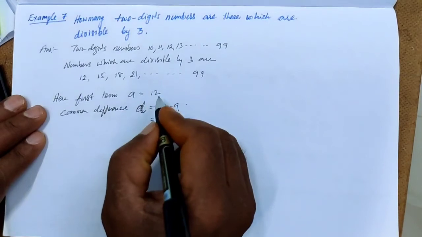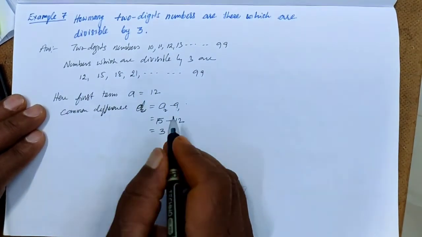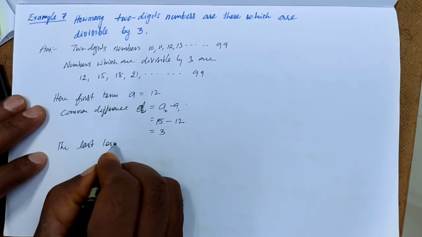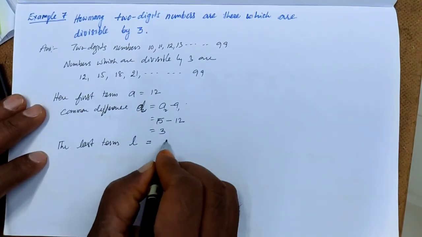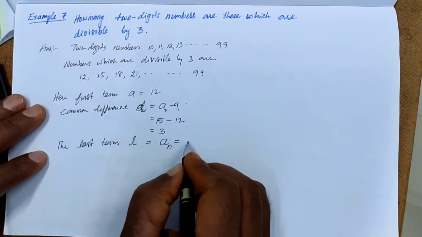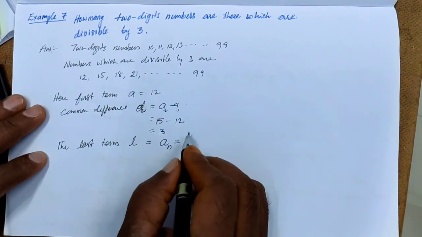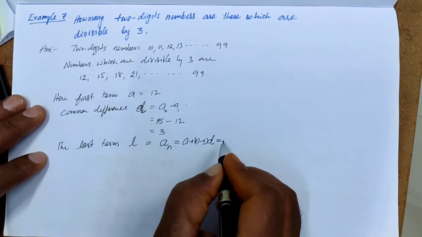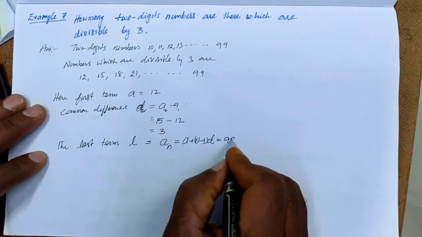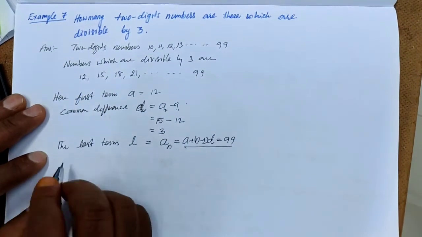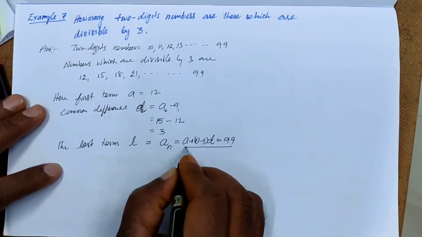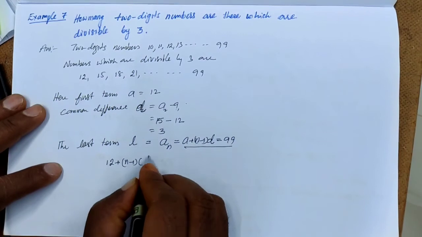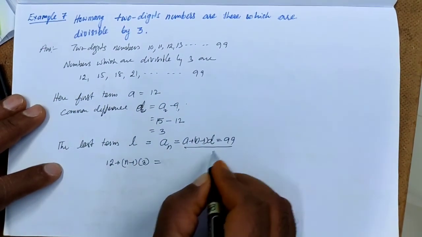So when a is 12 and the common difference is 3, the last term L, let it be the nth term, is written as a plus n minus 1 into d, which is given here as 99.